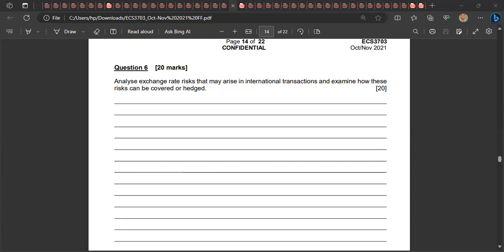They arise as a result of changes or fluctuations in the exchange rate. Remember, an exchange rate is the price of one currency in terms of another. Whenever there is a change in that exchange rate, inherent to that is foreign currency risk.